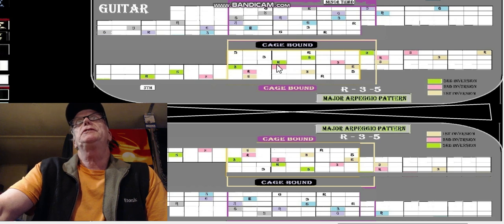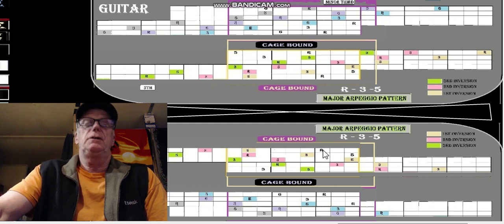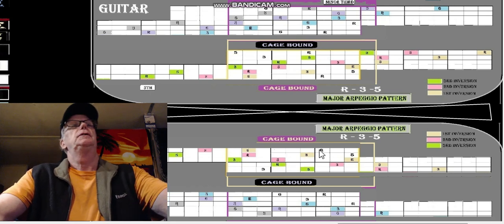We have 3 basic shapes. We have inversion 1, root 3, 5. Inversion 1, 5, root 3. Version 2, 5, root 3. And we have first inversion 3, root 5. The opposite of that happens down here in cello, fiddle, violin. Root 3, 5 coming down here. There's your root position. But it'd really be 5, 3 root.